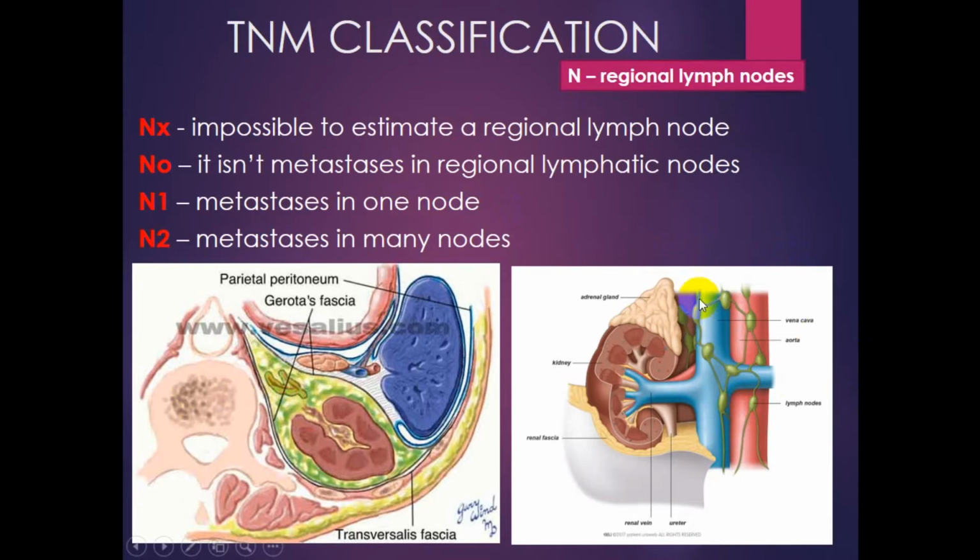And here you can see this system of them near the vena cava and the kidney itself. N1: metastasis in one node, for example in this one or this one. And N2: metastasis in many nodes, a typical system of it. And here you can see Gerota's fascia, the perinephric tissue, and other structures.